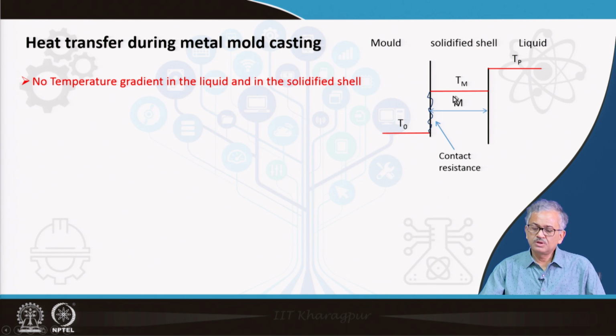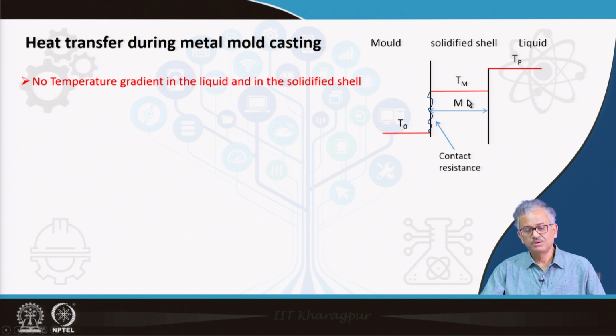In between you have a solidified shell, and here is the liquid. There is no temperature gradient in the liquid, that is, the liquid is completely mixed. In the solidified shell also there is no temperature gradient.